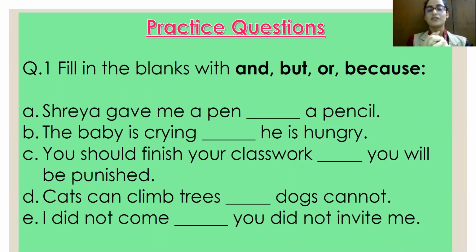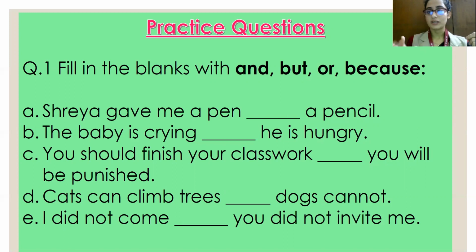So, children, here I have given you a question. Fill in the blanks with and, but, or because. There are 5 sentences given. I'll read it out for you. Shreya gave me a pen dash a pencil. What will come? You decide what would come between and, but, or because.